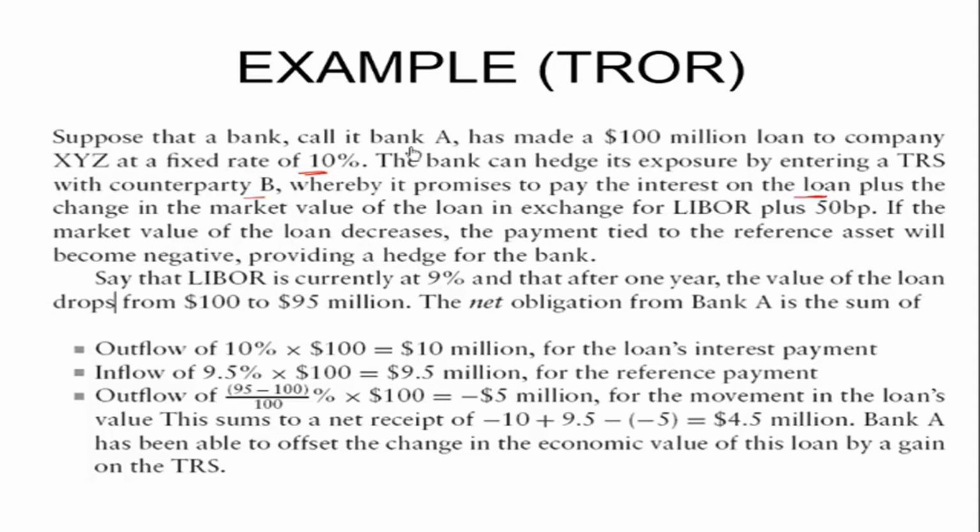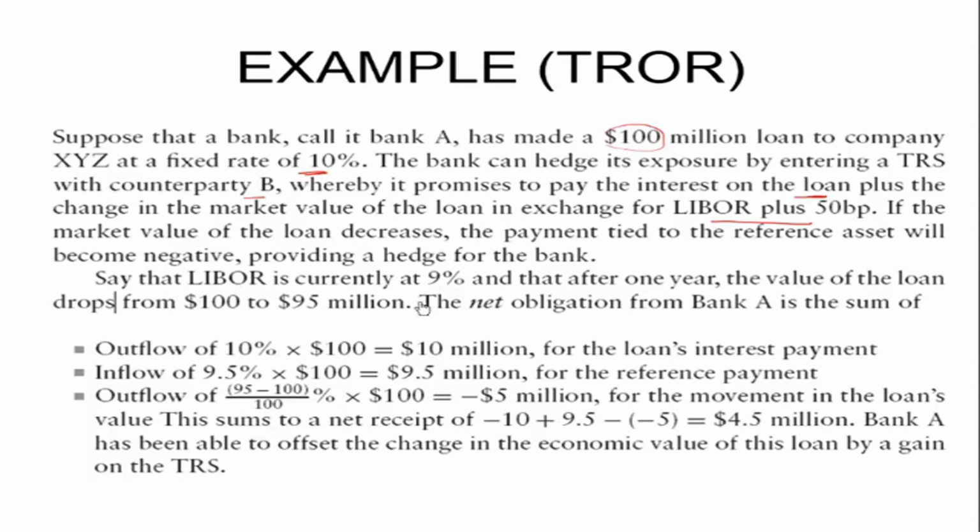So see, the bank is entering into a total return swap. So whatever is the interest rate on this loan plus the change in value, it will swap in exchange for LIBOR plus 50 bips. If the market value of the loan decreases, then the payment will become negative, providing a hedge for the bank, or the bank will receive money if the loan portfolio actually has a loss because it's a total return swap.